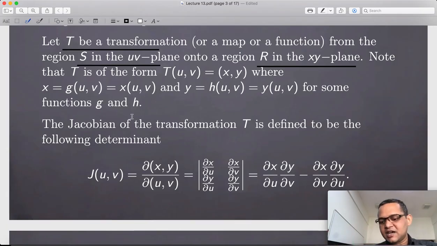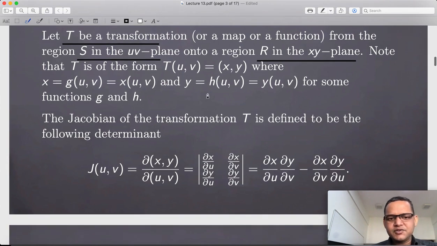This is no longer R2 to R. Now we are trying to transform a region from R2 to R2. We will have a lot of discussion about functions from R2 to R2 and R3 to R3 in the following lectures, but here we are just going to use the simple properties. Essentially, this x variable is going to look like a function of u and v.